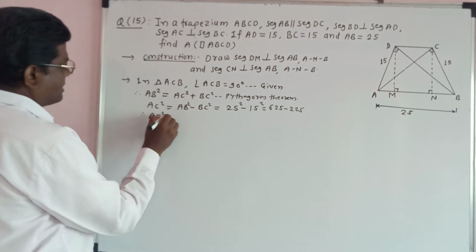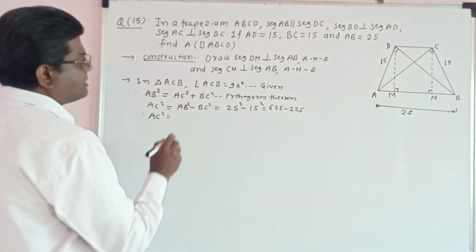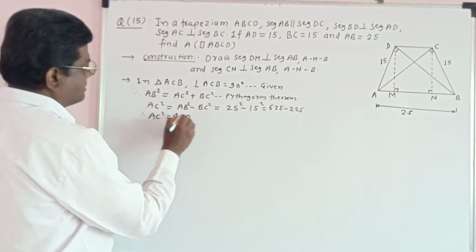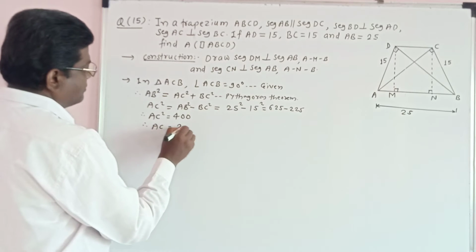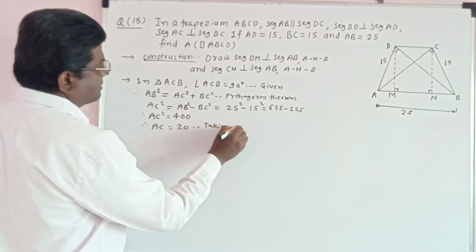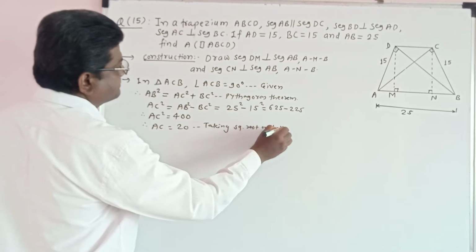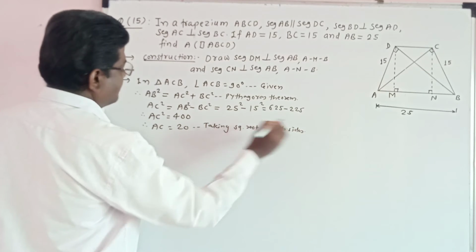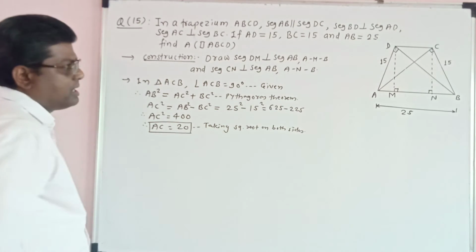Therefore, AC square is equal to 625 minus 225 is 400. Therefore, AC is equal to 20, taking square root on both sides. So the value of AC will be 20 here.